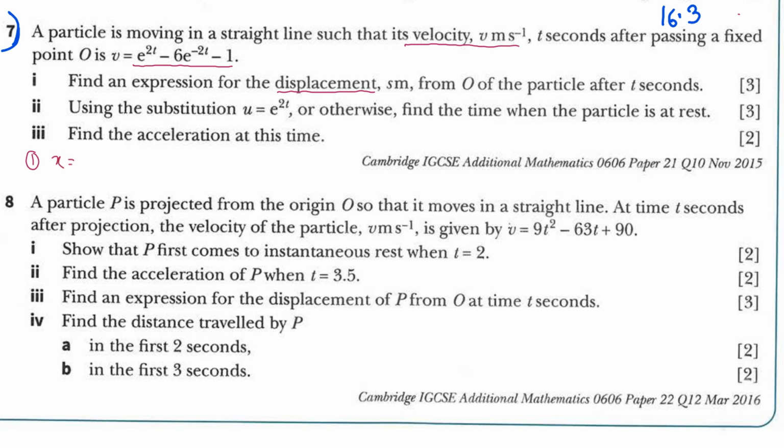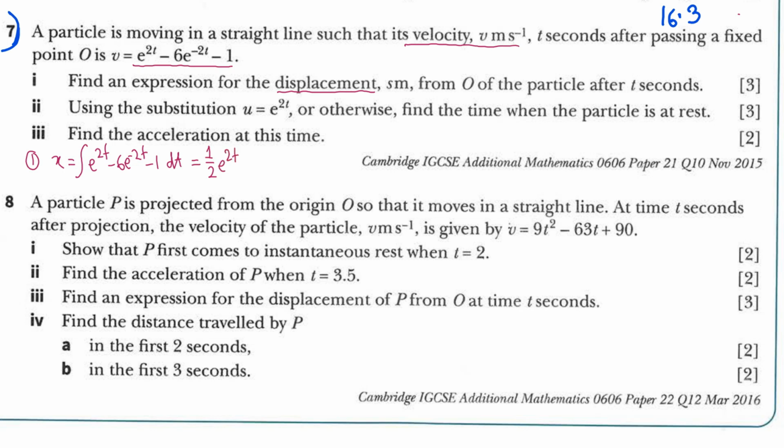So x, the expression for displacement, is the integral of e to the power 2t minus 6 e to the power minus 2t minus 1, dt. If we integrate, the coefficient of t is 2, so we need to write 1 by 2, because this is the rule of integration, e to the power 2t.